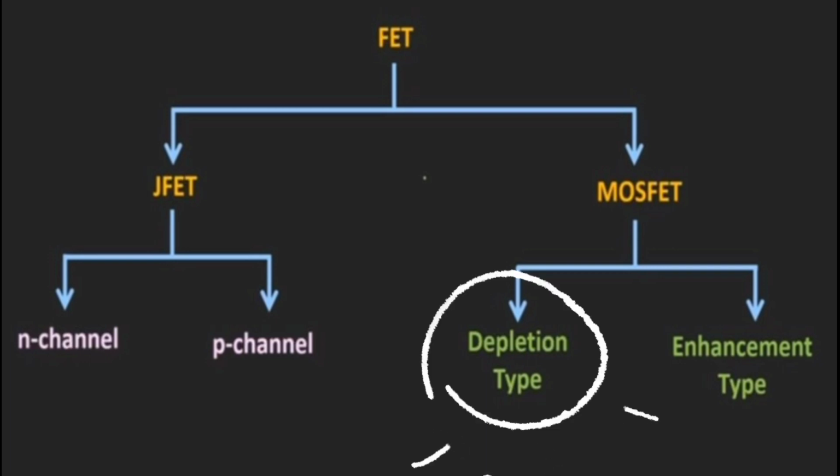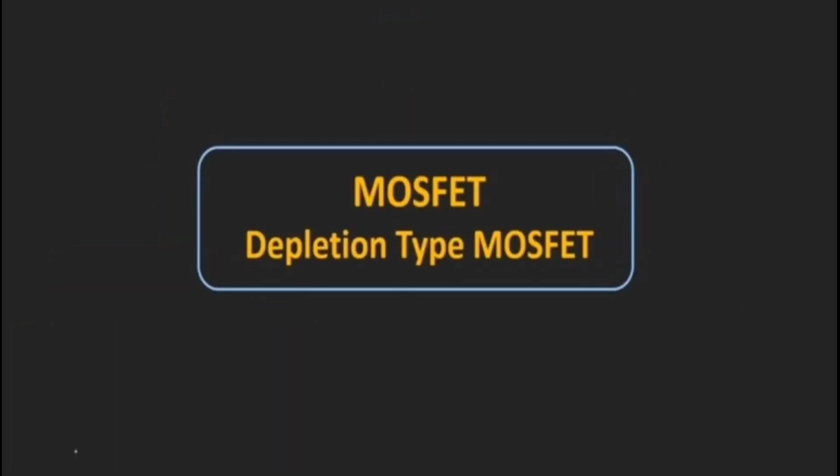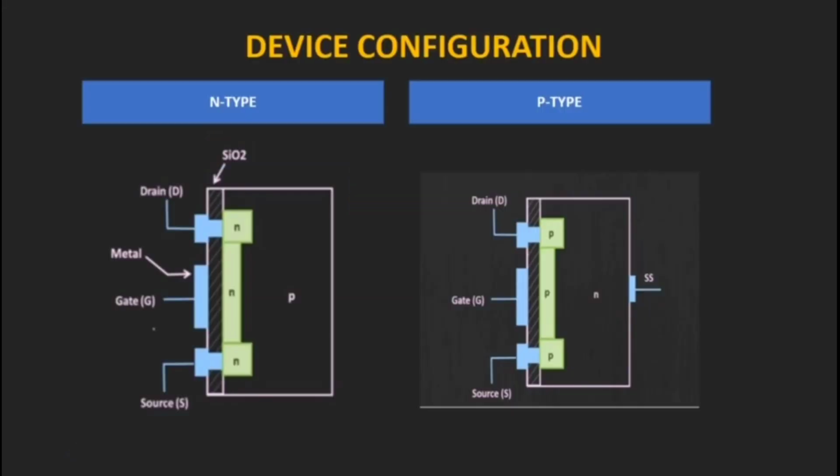There are two types of depletion type MOSFET, which are N-type and P-type. First of all, let us see its configuration. In the N-type, the channel is made of N-type material and the substrate is P-type material.